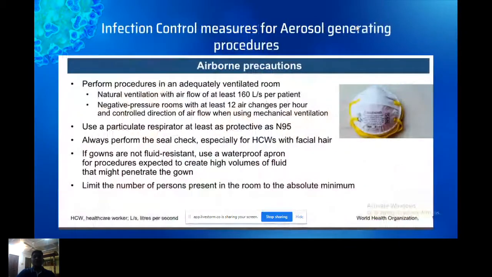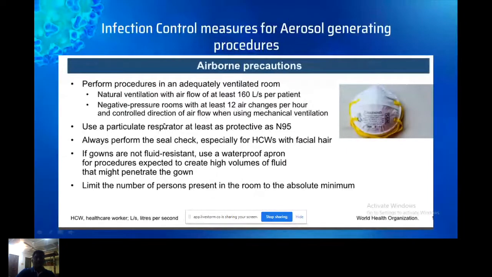Now, infection control measures for aerosol generating procedures. These are the recommendations given by the American Dental Association, ADA. Natural ventilation with airflow of at least 160 liters per second per patient. And as I was mentioning, they have recommended a negative pressure room with at least 12 air changes per hour.